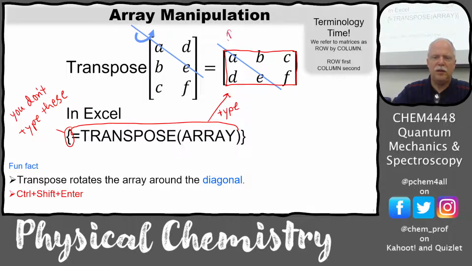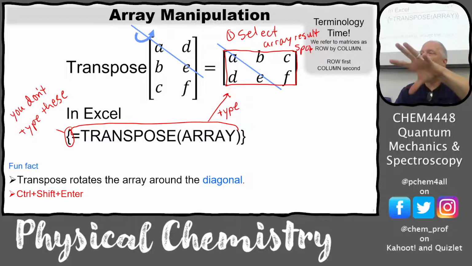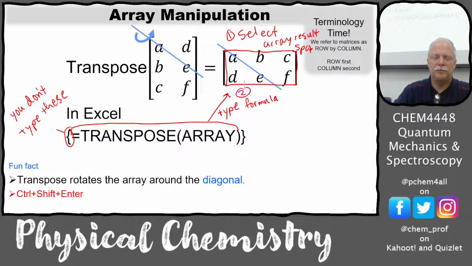So step 1, select the array result spot. Okay. So that's where I want the array to go, like the final result. And then type the formula. So that's step 2.